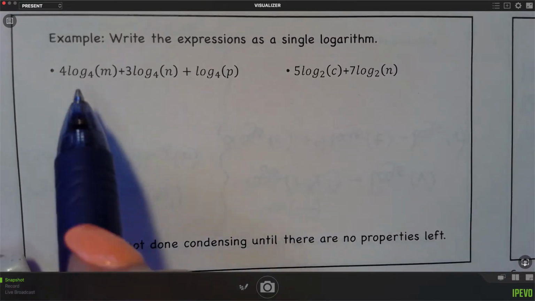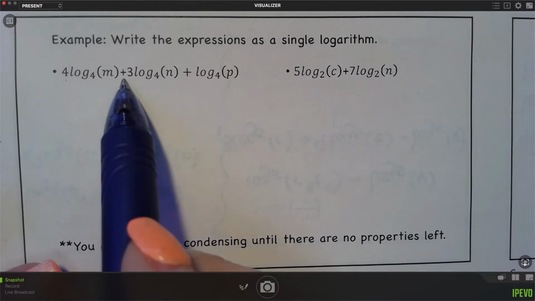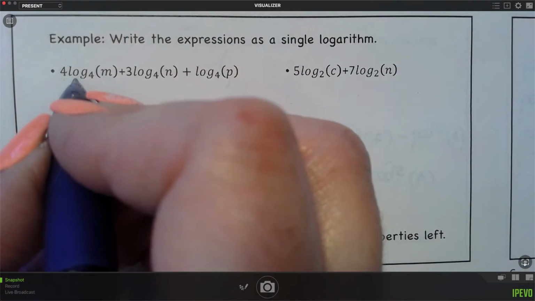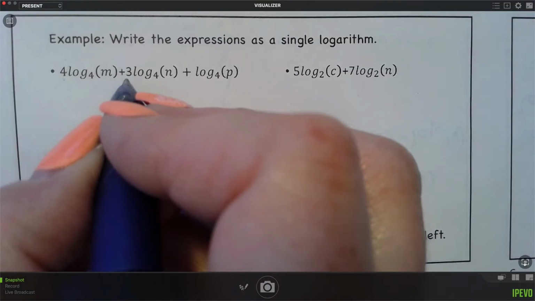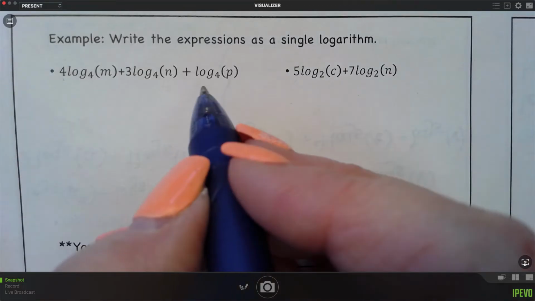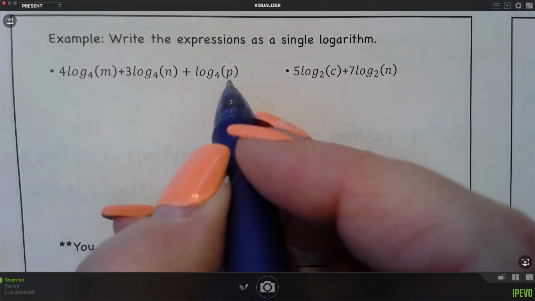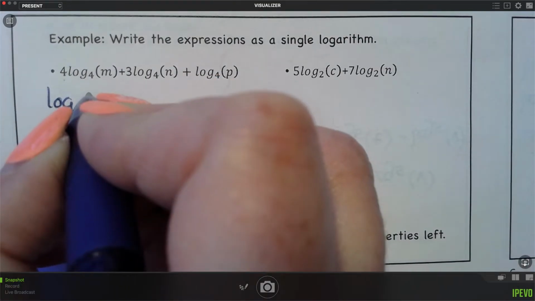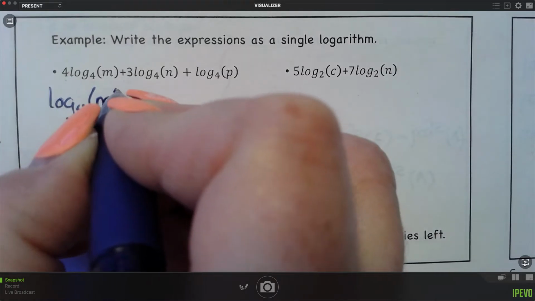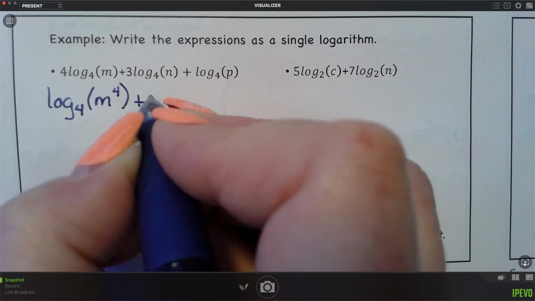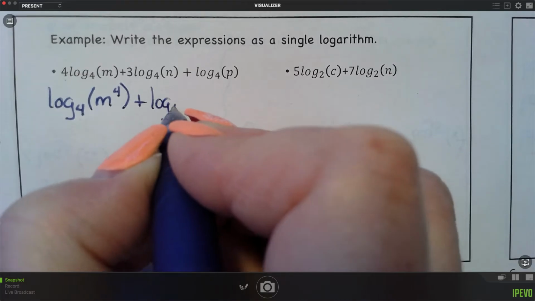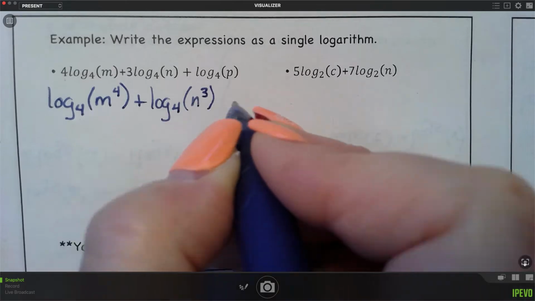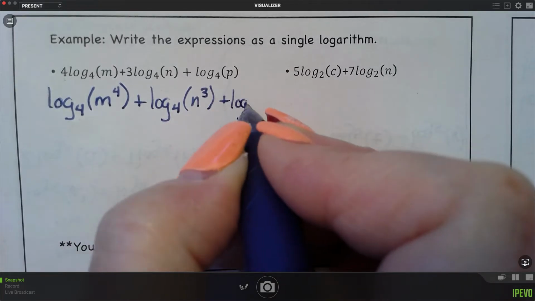Okay, so you got to go across. Well, any number in front of a log was a what? Exponent. Was an exponent. So I have 4 log base 4 of m plus 3 log base 4 of n plus log base 4 of p. So it was log base 4 of m to the 4th plus log base 4 of n to the 3rd plus log base 4 of p.